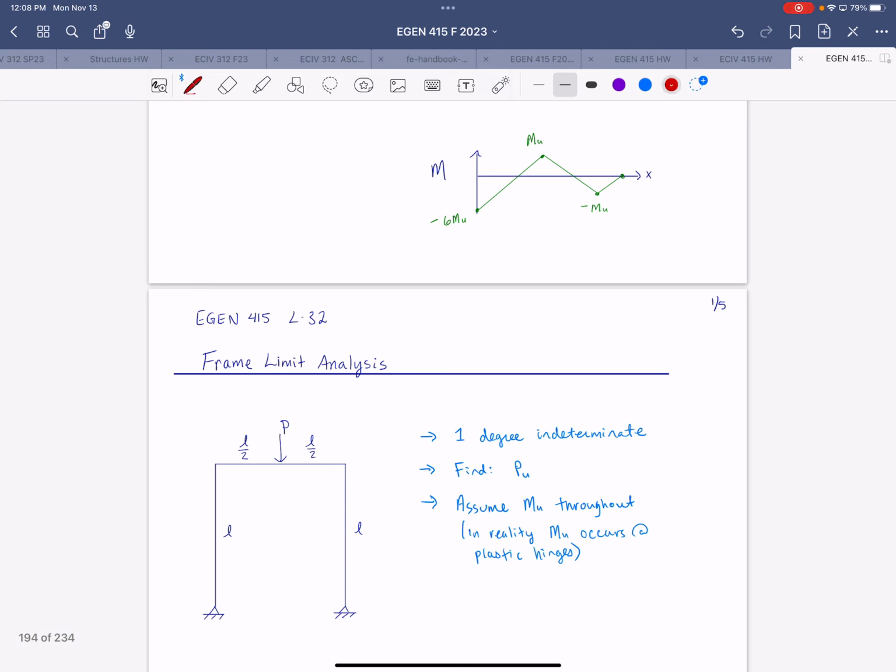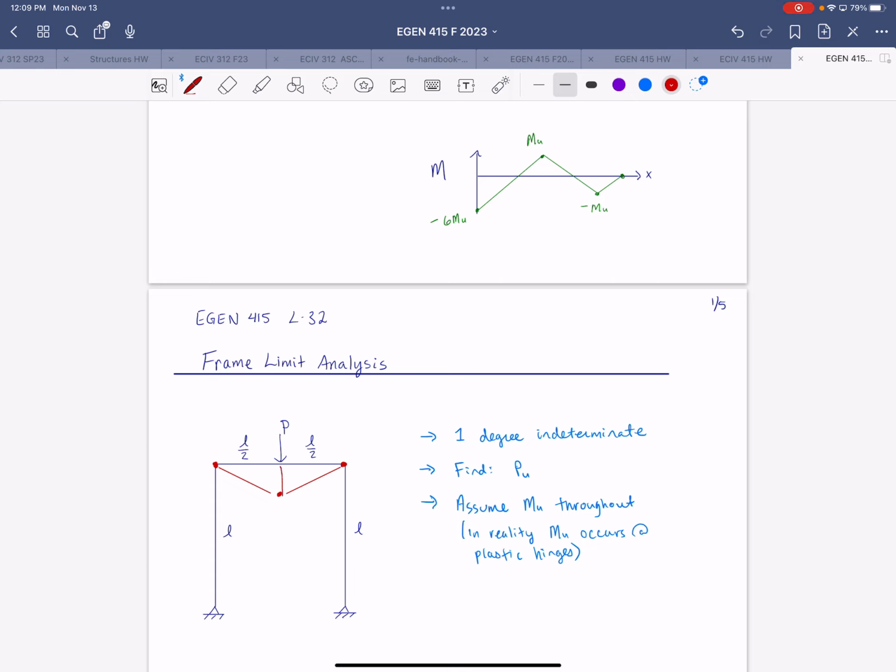With this load and this configuration, we can have a plastic hinge forming at the rigid joints, the beam-column rigid joints, and also at the location of the load. So this is one possible collapse mechanism. Actually, for the vertical load, it's the only collapse mechanism.